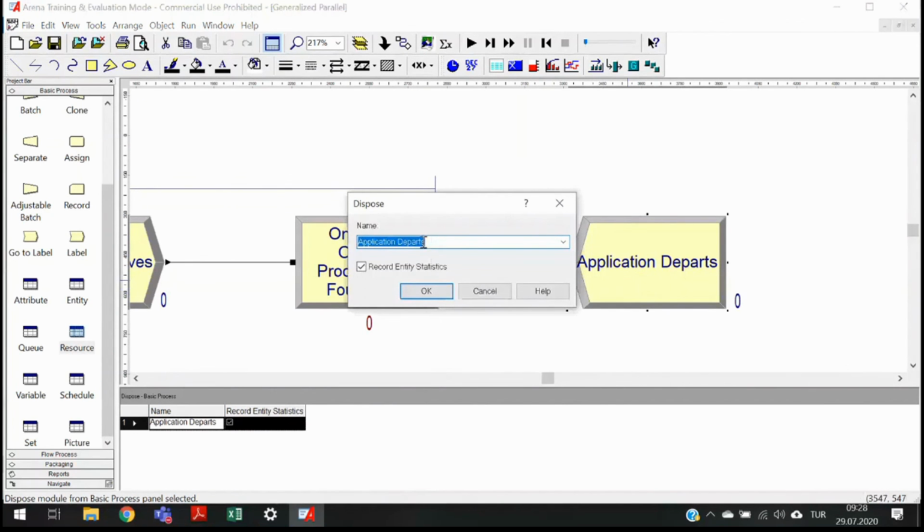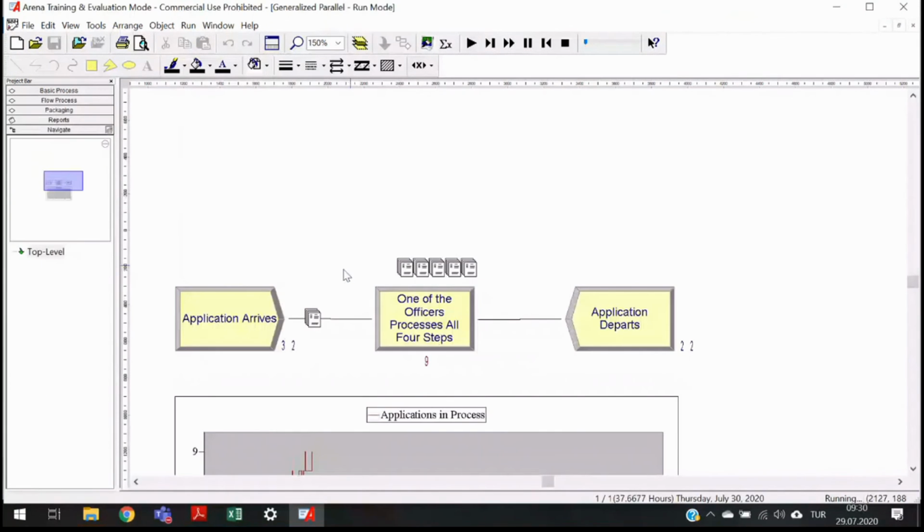Now I have a queue here, queue animation. Why? Because as long as we have resources in a process, we will see queue animations. As you can see, there's only a single queue now. But if one of the officers is caught idle, you can take all 4 processes from one officer now. So the queue length is shorter actually, and the number of people in the system is also shorter.